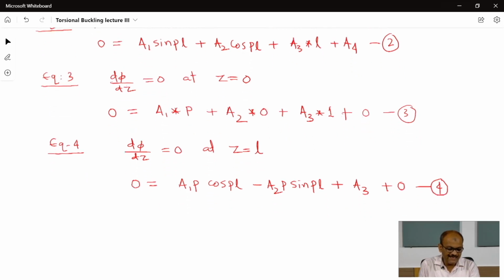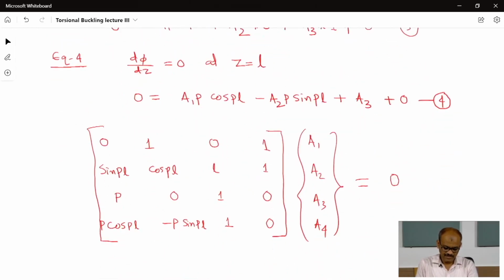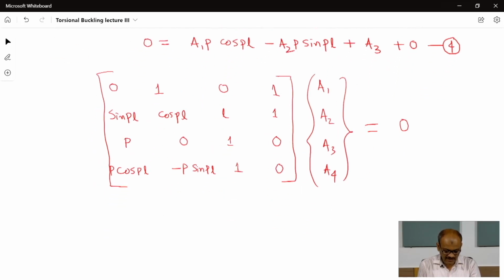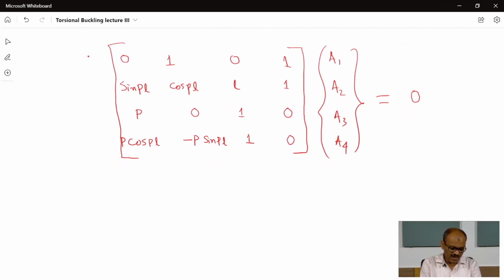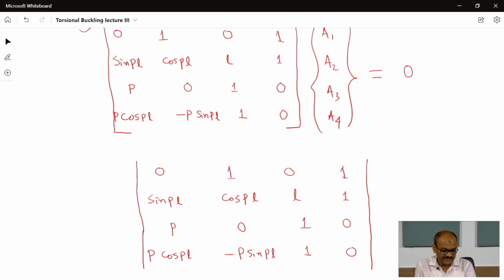If we write all four equations together in matrix form like this, then for a non-trivial solution, this coefficient matrix has to be 0. So the characteristic equation will be the determinant of this coefficient matrix, and if you write it, this is the characteristic equation, equal to 0.